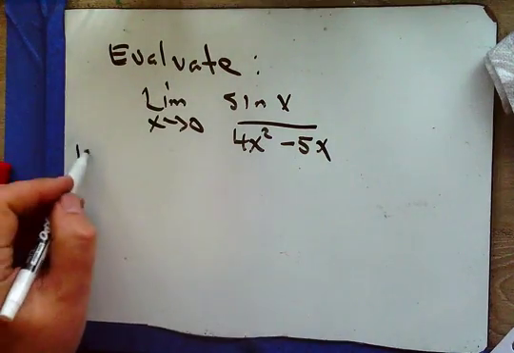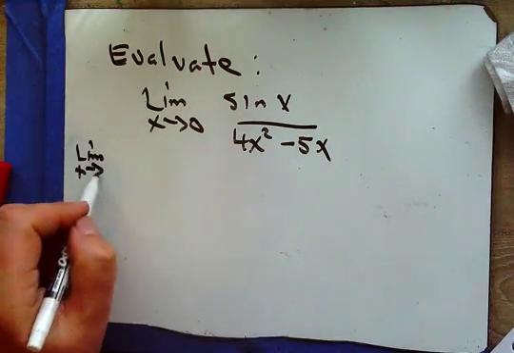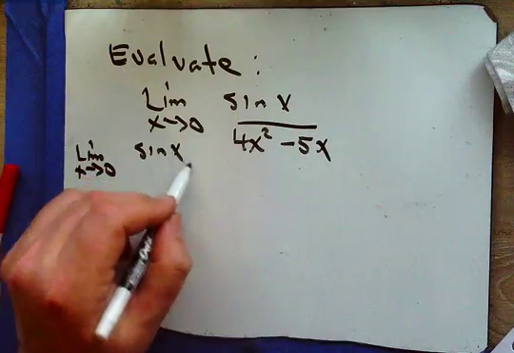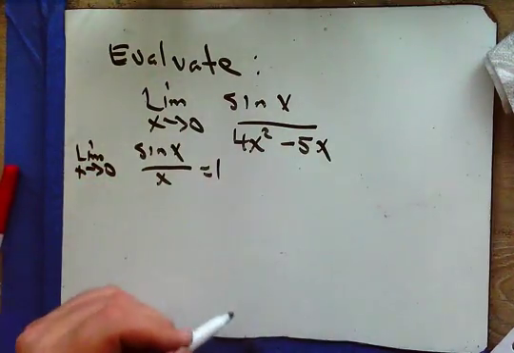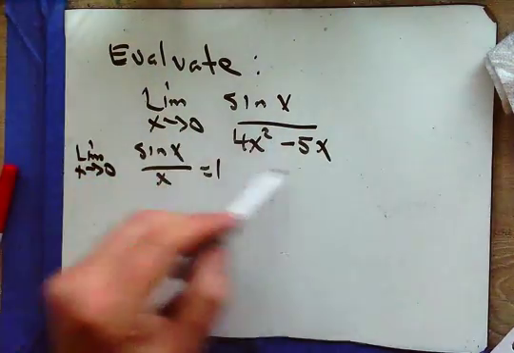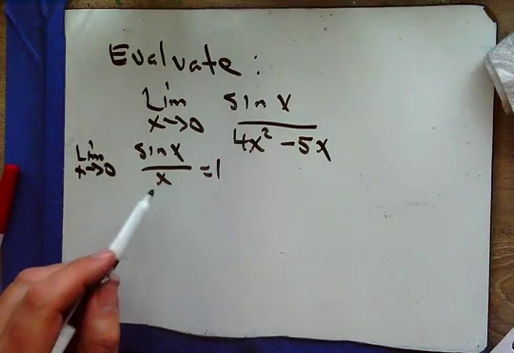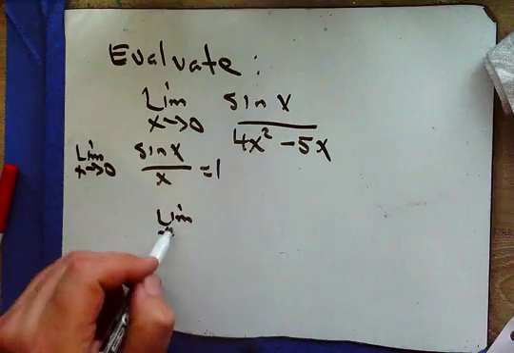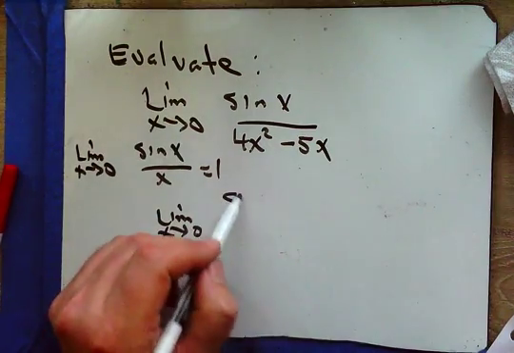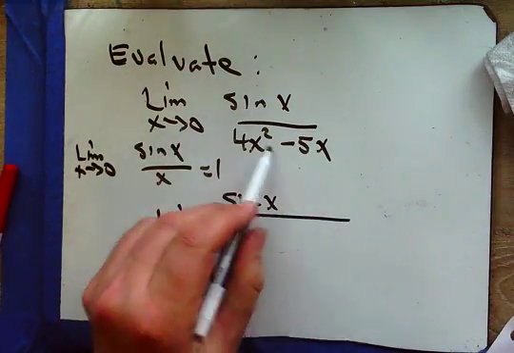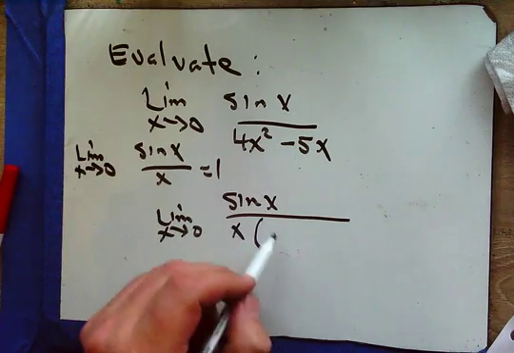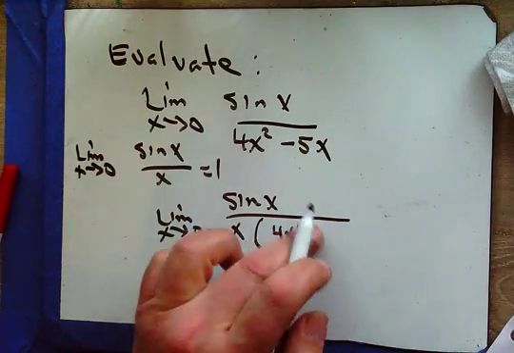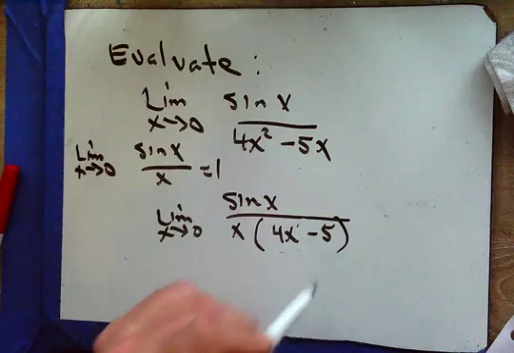So I remember that the limit as x heads to 0 of sine x over x equals 1. And so I really want to turn this into something that has this in it. So the limit as x heads to 0, sine x over, let's factor out an x here, times 4x minus 5.